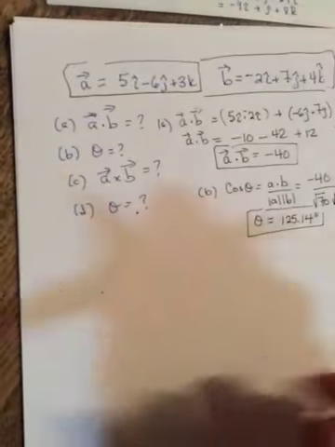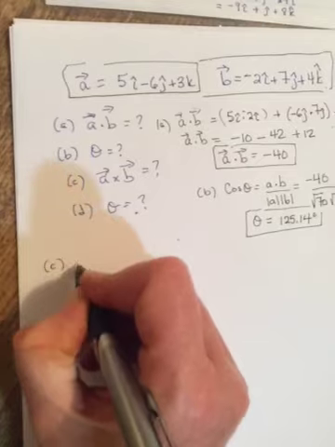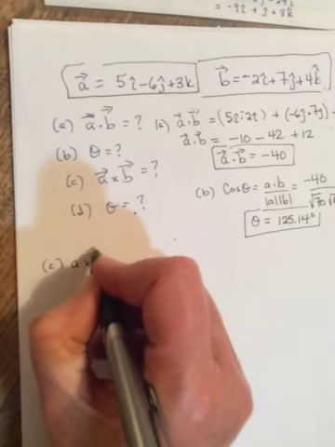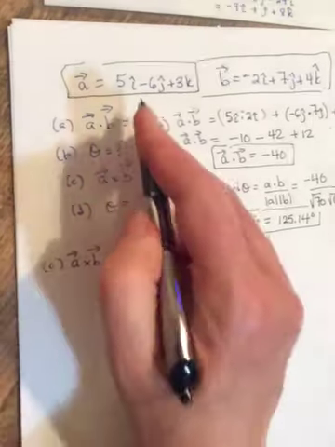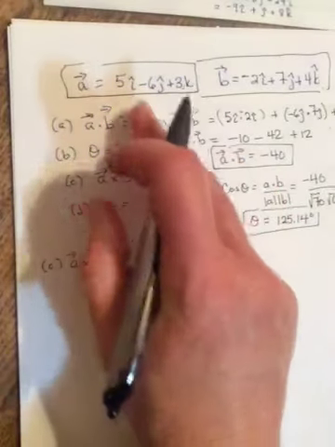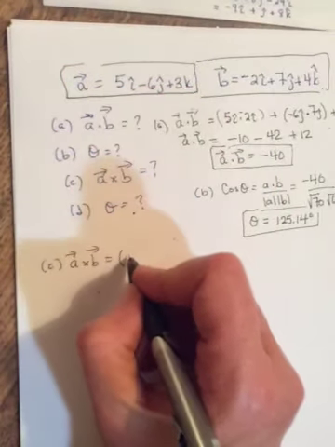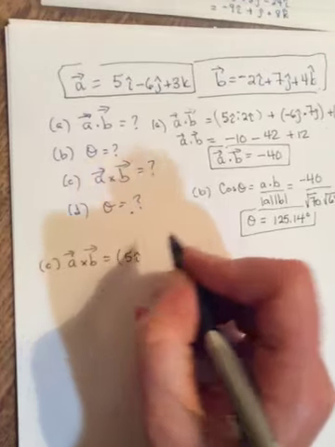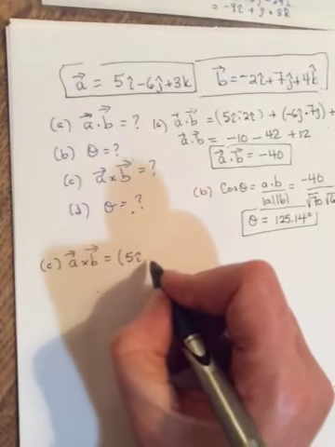Okay, now cross. So A cross B. Remember, in this one, it's the terms that aren't the same that stay. So 5i cross negative 2i is going to go to 0.